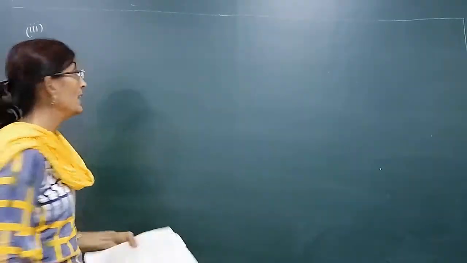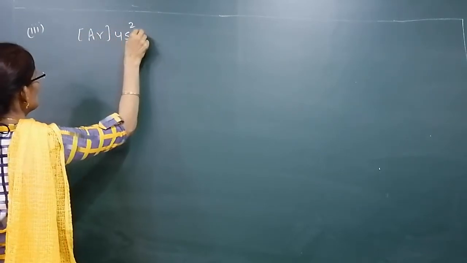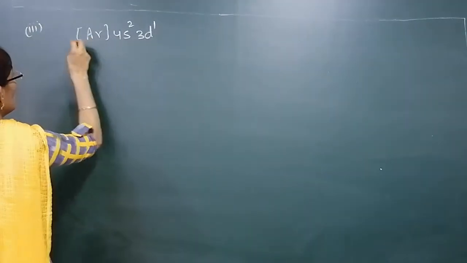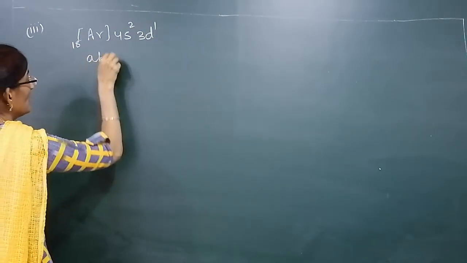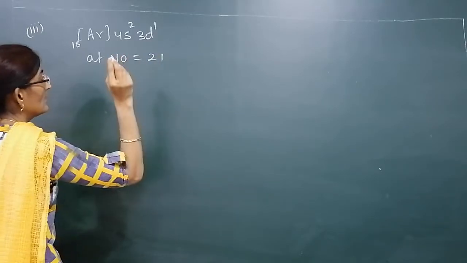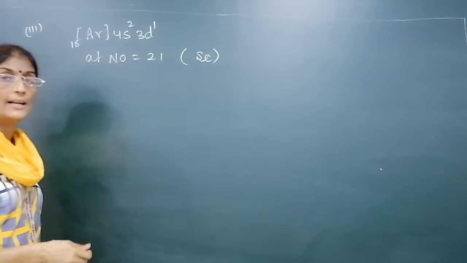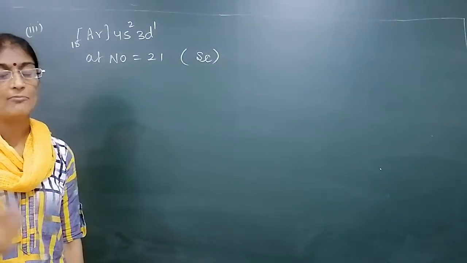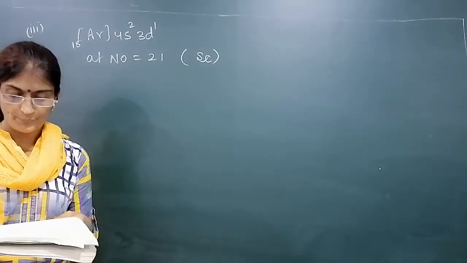Argon 4s2 3d1. First we will find the atomic number. Argon 18, 20 and 21. So atomic number of the element is 21. So it will be scandium. Till calcium it is atomic number 20 and 21 is scandium. Atomic numbers 1 to 30 you have to remember.